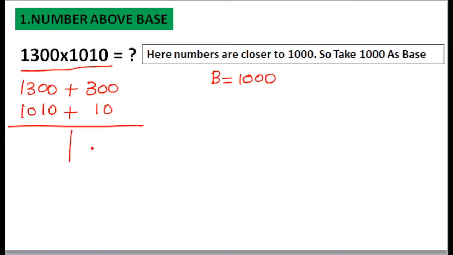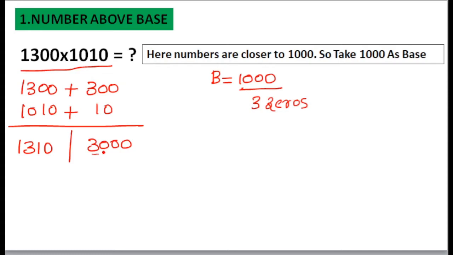So your RHS will be 300 into 10, that is 3000. And your LHS will be 1300 plus 10, that is 1310.